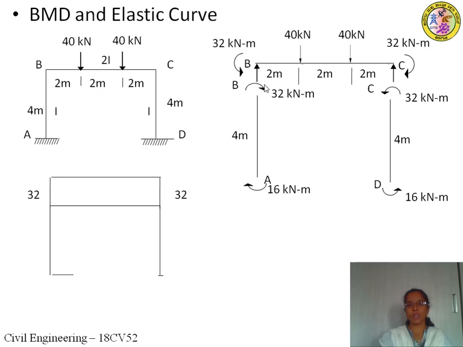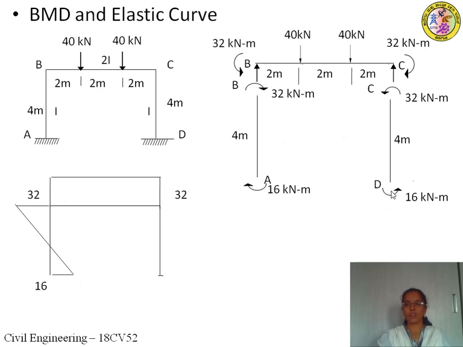Next at BA, the thumb is moving towards the left side of the vertical member, therefore mark it towards the left side. Draw a line towards the left side of the vertical member. Now join these two points like this. This is the support moment diagram for the AB member.